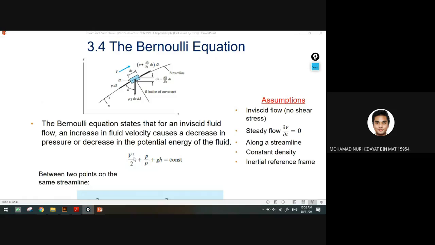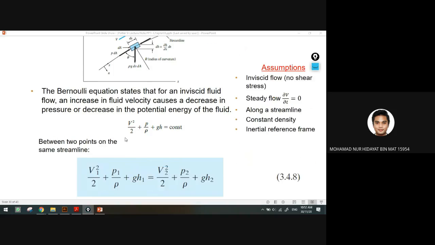It comes out with this equation we call the Bernoulli equation. So the Bernoulli equation comes from this expression, an infinitesimal derivative: V squared over 2 plus pressure over density plus gh equals a constant.